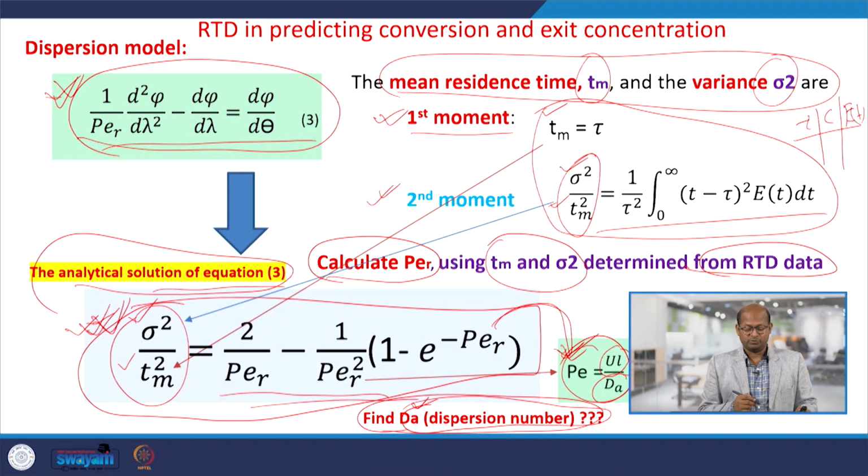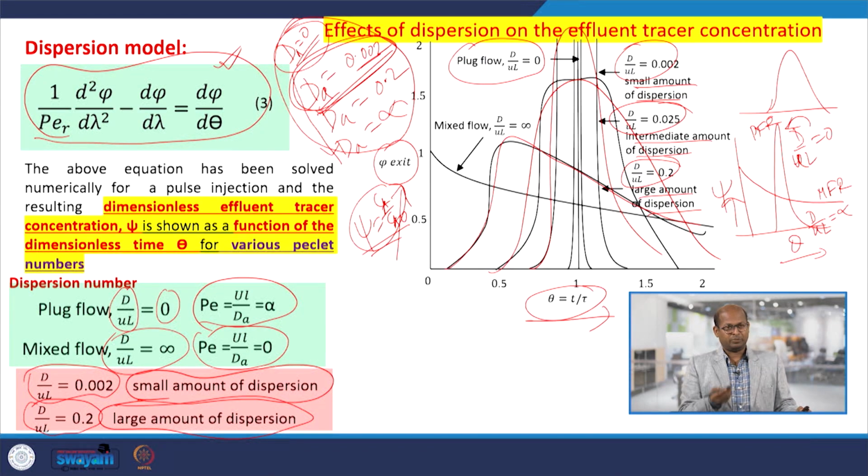With the help of these boundary conditions we solved the equations and got analytical solutions. We can solve them once we know the RTD data, then get the Peclet number, and convert that into the dispersion coefficient. We have discussed what the dispersion number signifies, and easily from these curves we can say that.